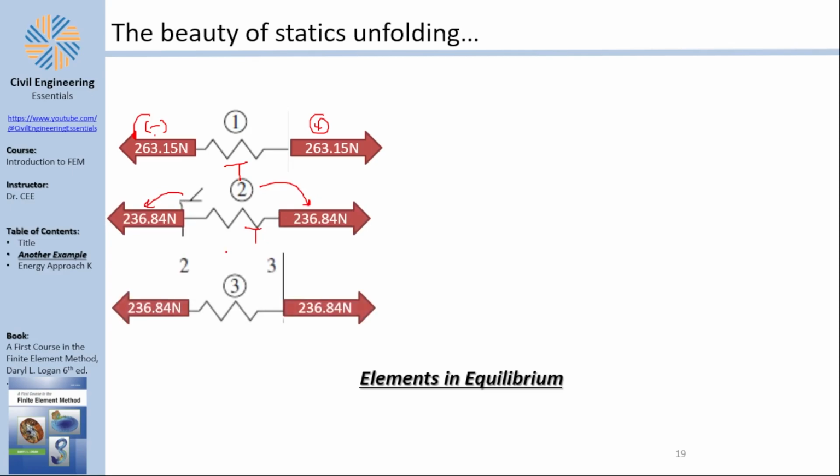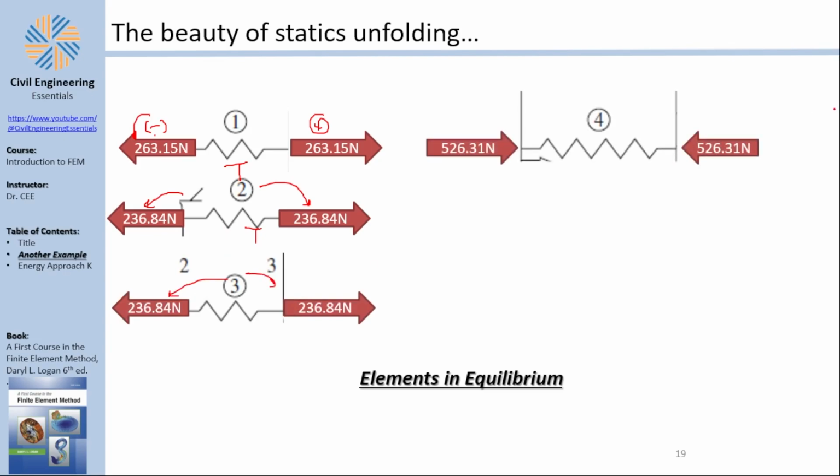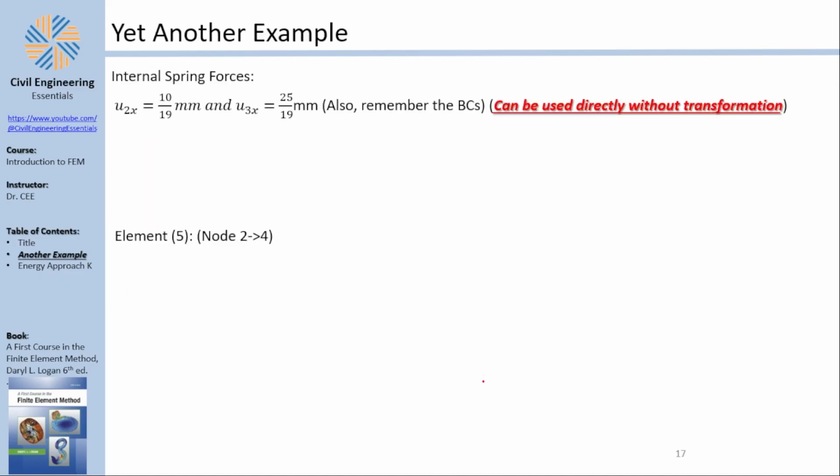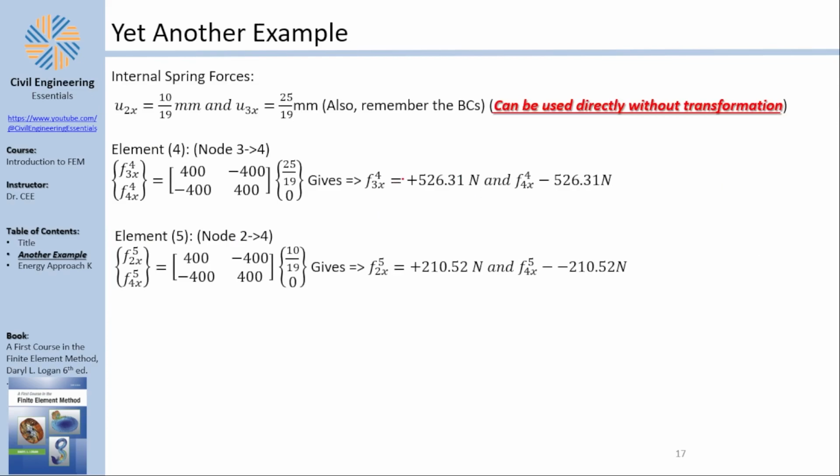Perfect. You go to element 3, same thing. You had two forces. This means in tension and it's in equilibrium. You go to element 4. Element 4 was in compression. Let me show you here. Element 4 had F3x positive to the right and F4x negative.